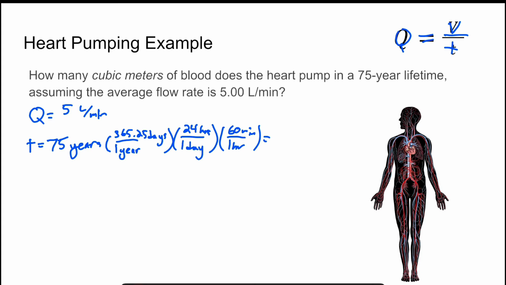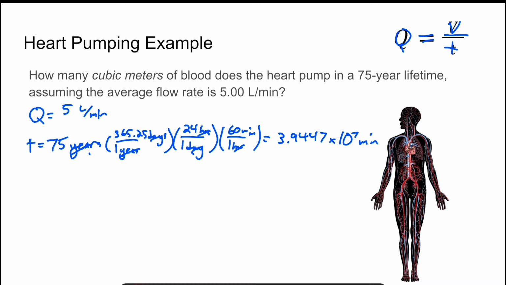So if we multiply across the top, divide across the bottom, we can get our number of minutes in 75 years, because we've canceled out years, days, and hours. All that we're left with is minutes. And that's 39,447,000 minutes, or 3.9447 times 10 to the 7th minutes.